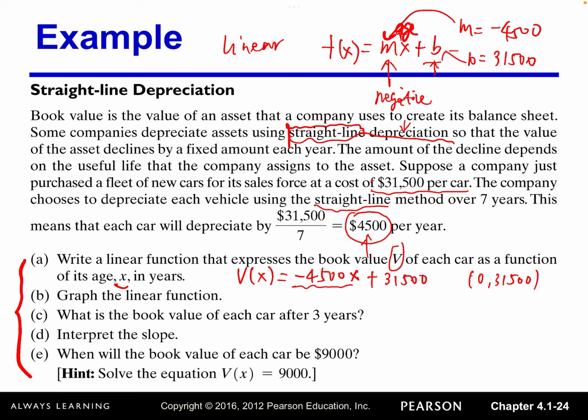If we let V equal 0, can we solve for x? 31,500 divided by 4,500, we get 7. So x equals 7. That means in 7 years, the book value will decrease to 0. Then we can use these intercepts to do the graph.